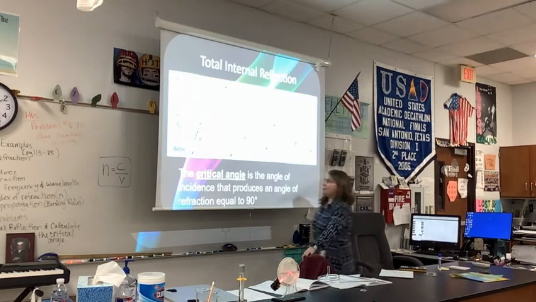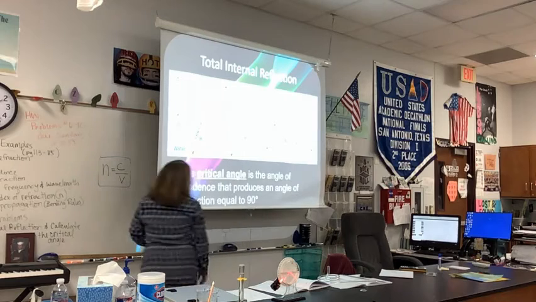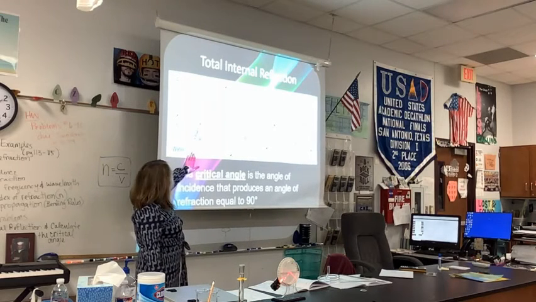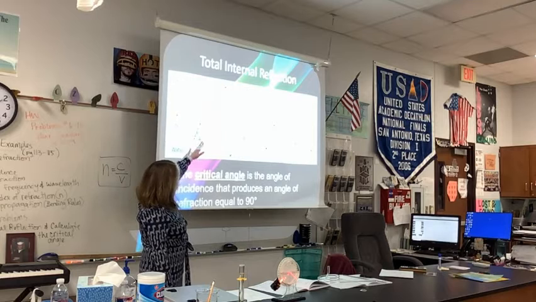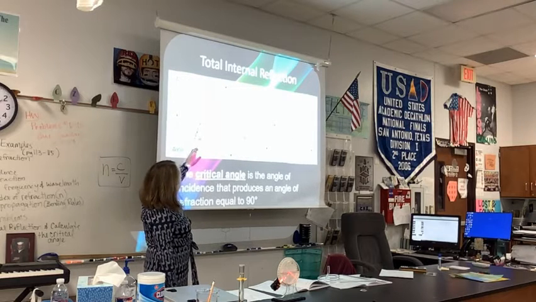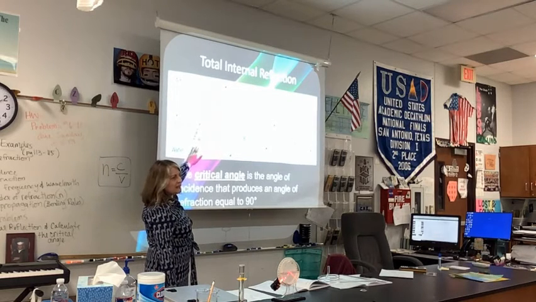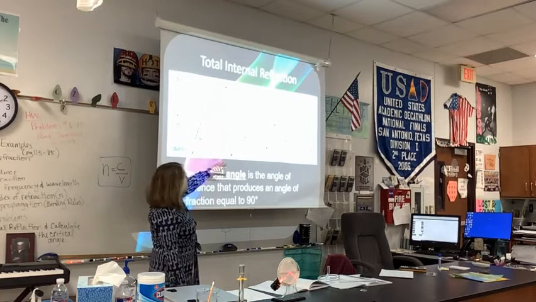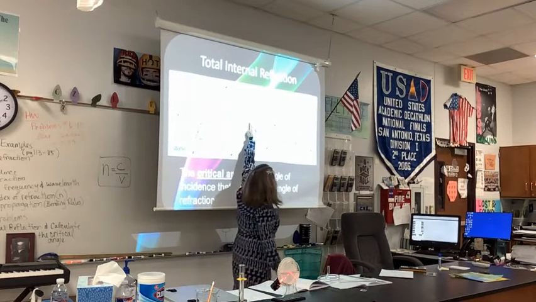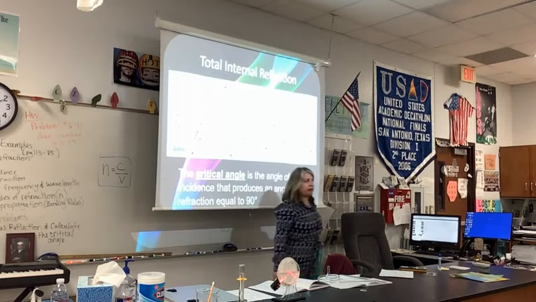So this is kind of what we just looked at, but in steps. So here is refraction, right? Bends away from the normal. When the angle of incidence is exactly equal to an angle known as the critical angle, then the light is refracted at 90 degrees.